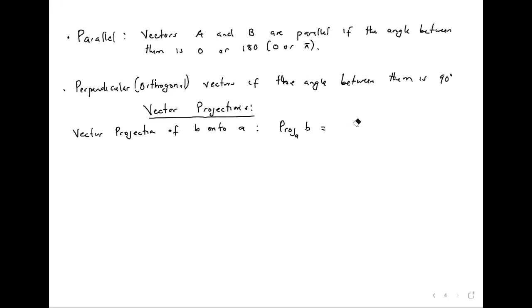You can actually write it like this so that you have no confusion. B dot A over magnitude of A squared, times A. Not necessarily dot, because if it's a dot, then we'll get a constant. So we multiply by A, the vector.